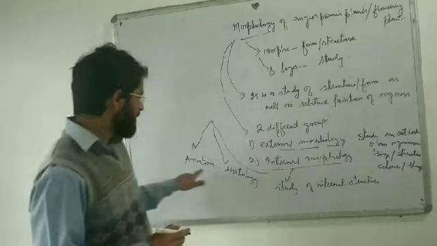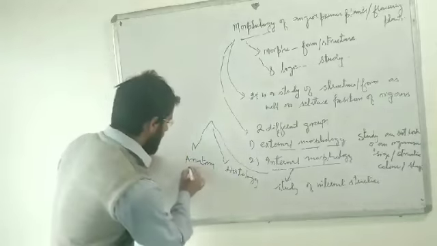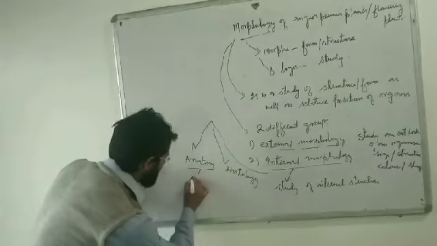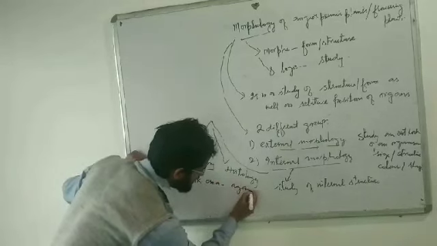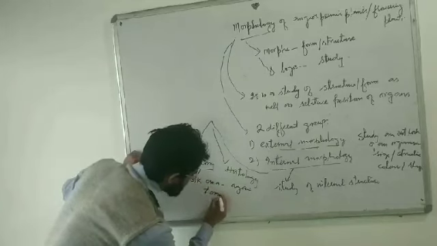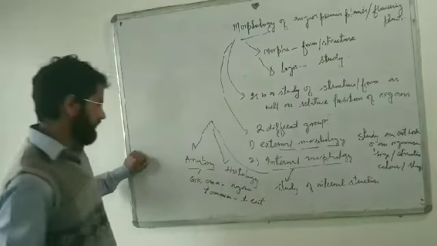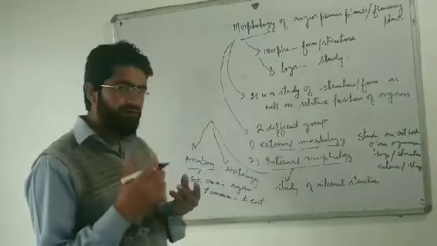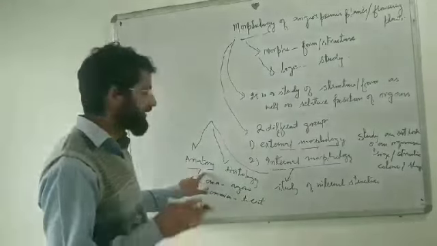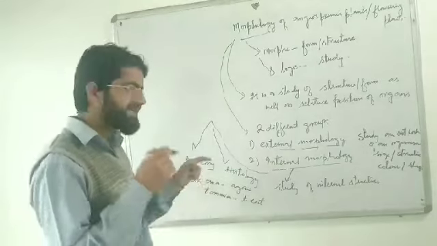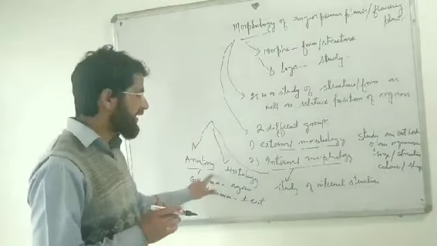What is anatomy? Anatomy is a Greek word. Ana means again, and tomin means to cut. Thus, when we see any parts after dissecting it, we call it anatomy. That means study of internal structures after dissection is known as anatomy.